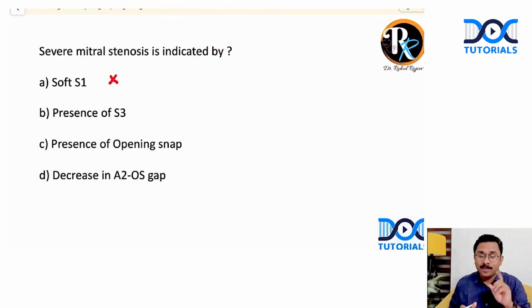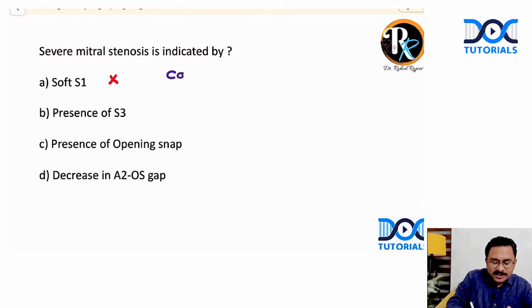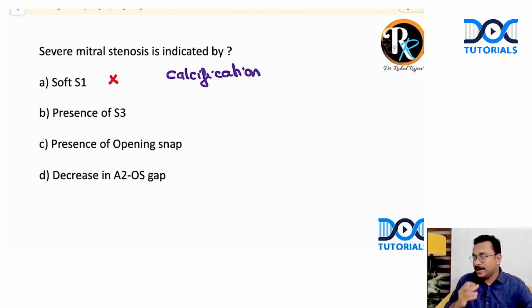No. Can you tell me what is the exception? In which scenario can a patient have a severe MS but still a soft S1? Remember, in patients who may undergo calcification of the mitral valve leaflet, you may still get a soft S1 in a severe mitral stenosis. Important point. Okay. So anyway, option 1 is ruled out.